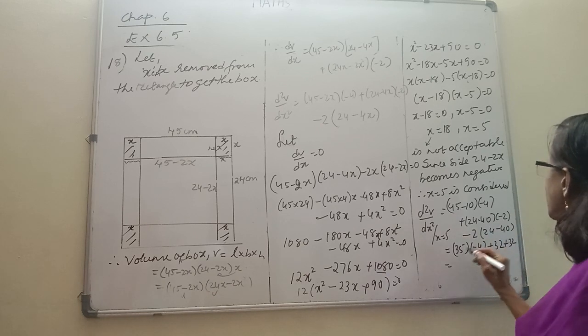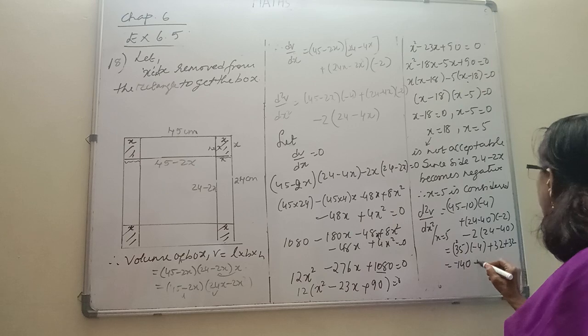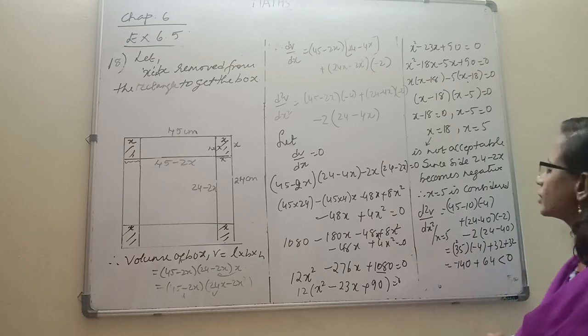So this is 35 times 4, which is negative 140 plus 64, which is always negative. So that's it.